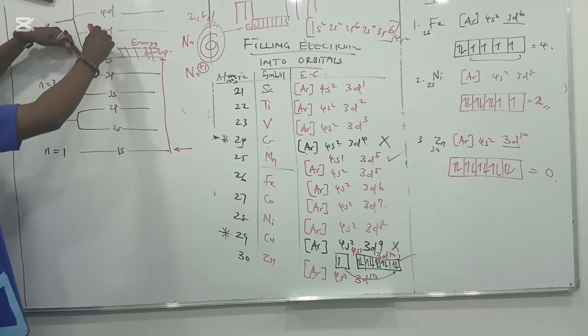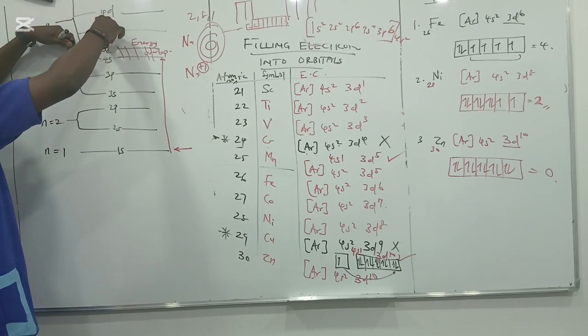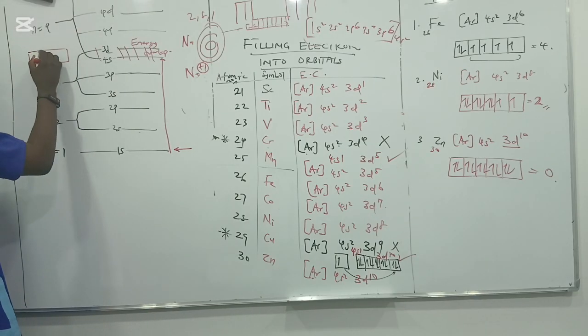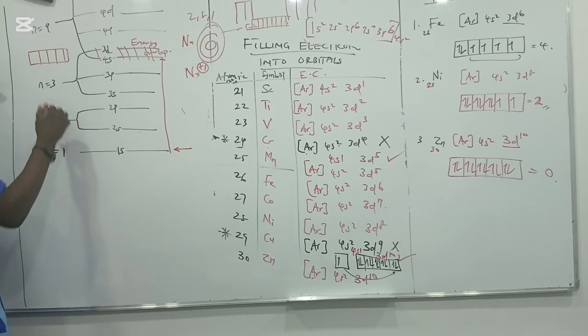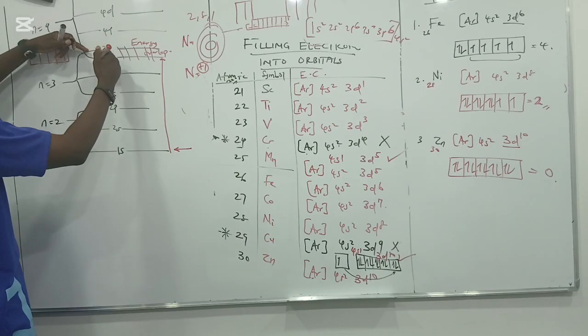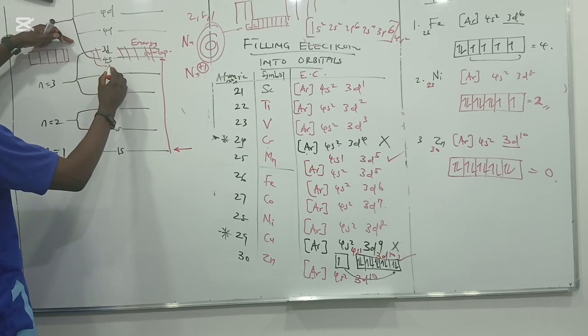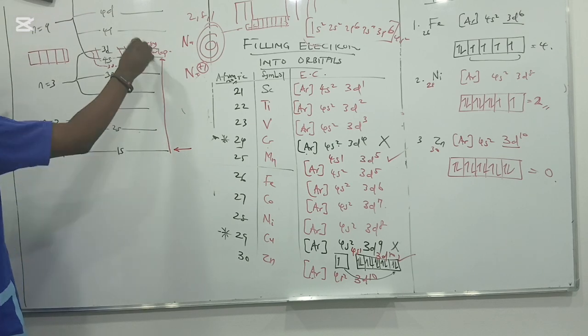Now, when electrons start occupying the 3d orbitals, that means 3d is heavy, put it like that, 5 electrons. When you start putting electrons here, the 3d will now move to this place. That's what we call energy overlap.